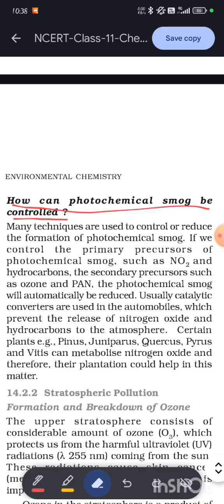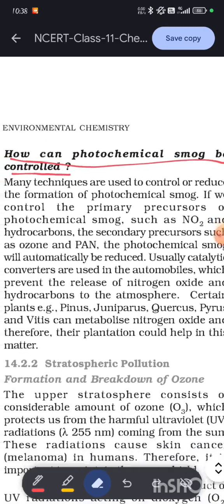Usually, catalytic converters are used in the automobiles, which prevent the release of nitrogen oxide and hydrocarbons to the atmosphere. Certain plants, for example Pinus, Juniperus, and Vitis, can metabolize nitrogen oxide, and therefore their plantation could help in this matter.